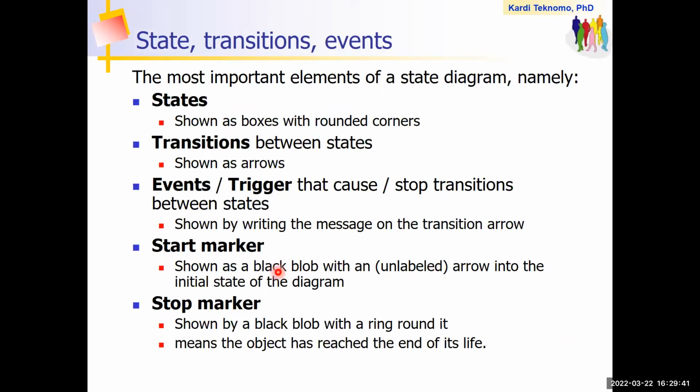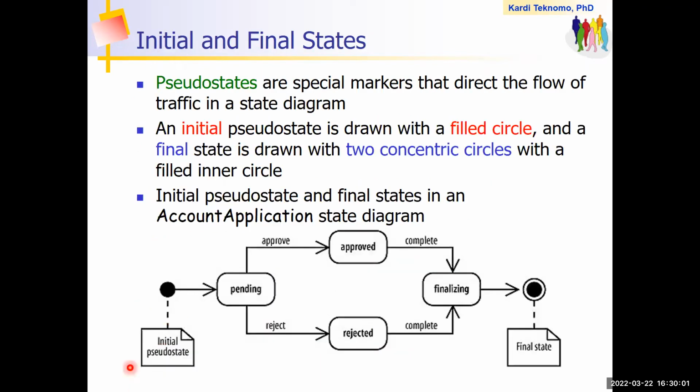So in a state diagram, you can see these five elements. Yeah? You have a state, you have a transition, which is the arrow, and the state is the node. Okay? And you can have an event to trigger the transition, and then there is a start and stop marker. Something like this. Okay? So in the state diagram, you will have an initial and final state.